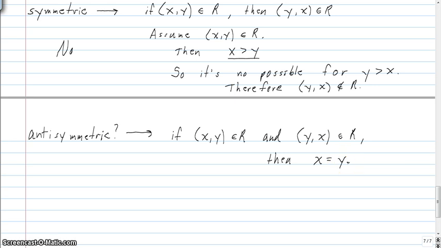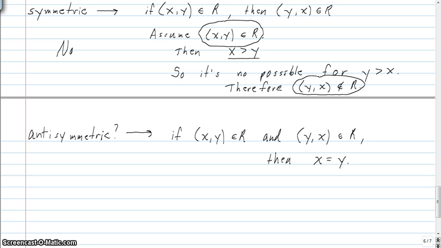Well, when we verified that the relation was not symmetric, we verified that if we've got xy in the relation, it's not possible for yx to be in the relation at the same time.